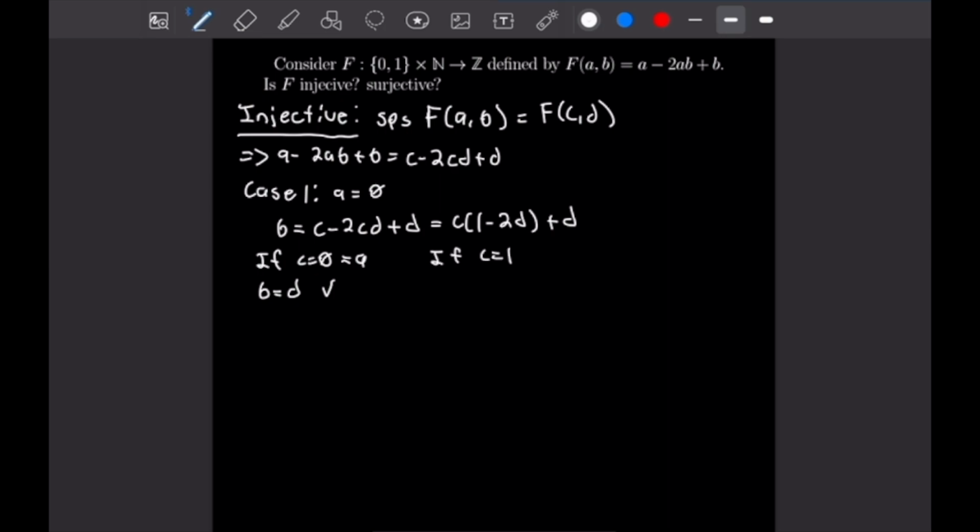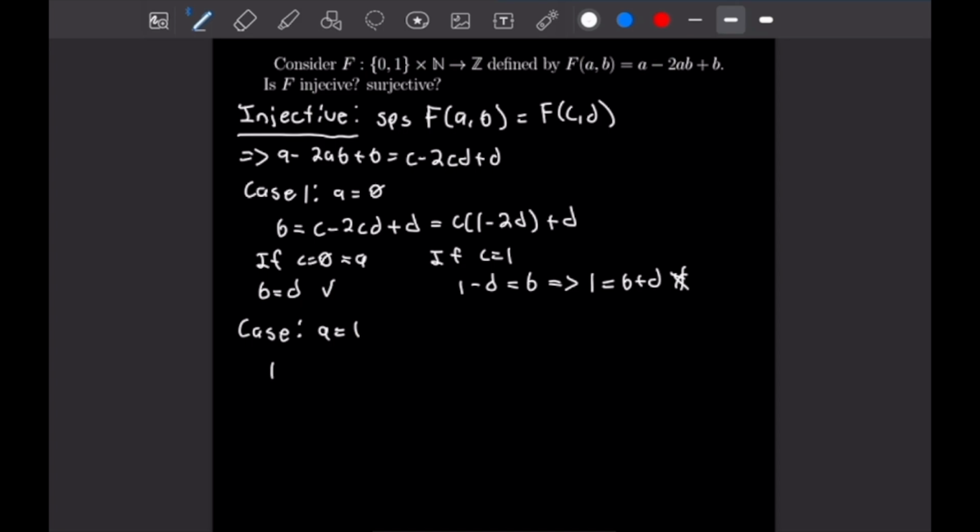So if c is equal to 1, then we will have that 1 - d is equal to b. But that means that 1 is equal to b + d, but that is impossible, as b and d cannot add up to be 1. Great. So next, let's look at case 2, which will be when a is equal to 1. So when a is equal to 1, we will have the following relationship.